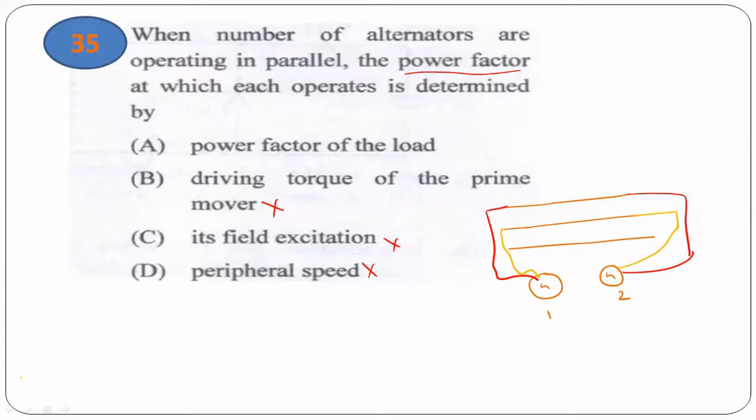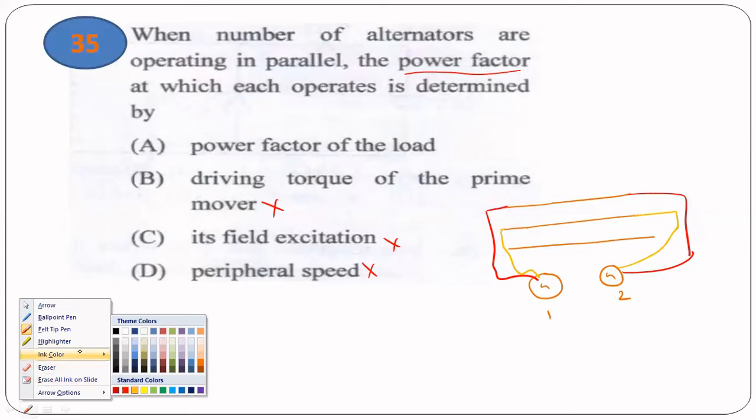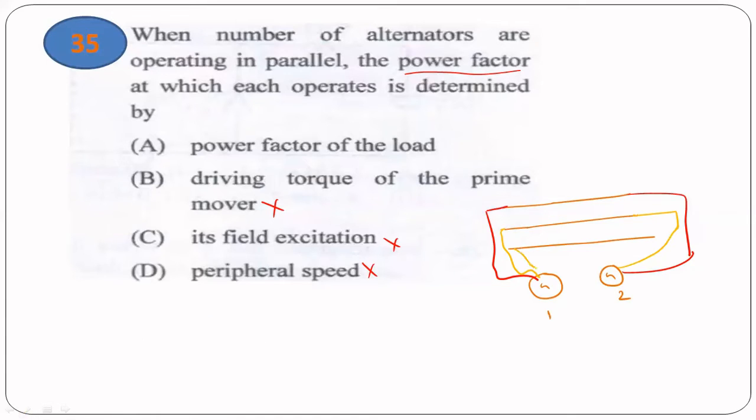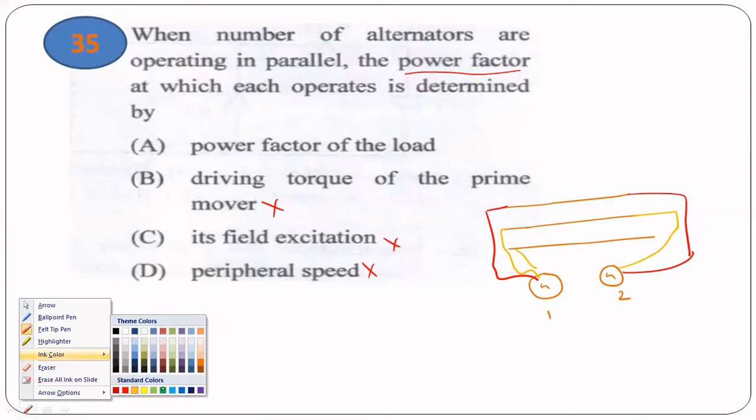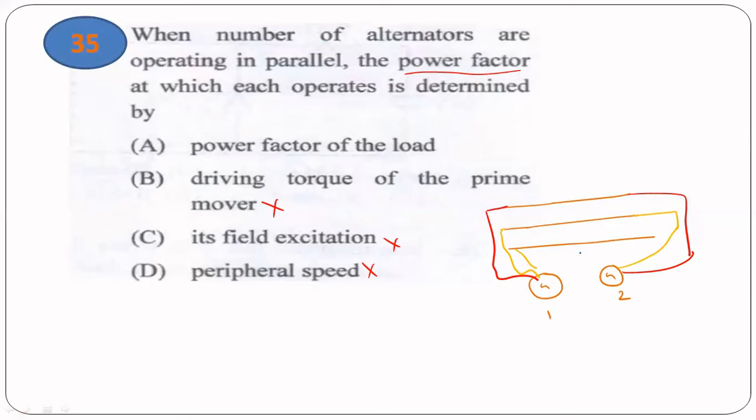The last winding is connected to B phase, this is connected to B, and this is also connected to B.